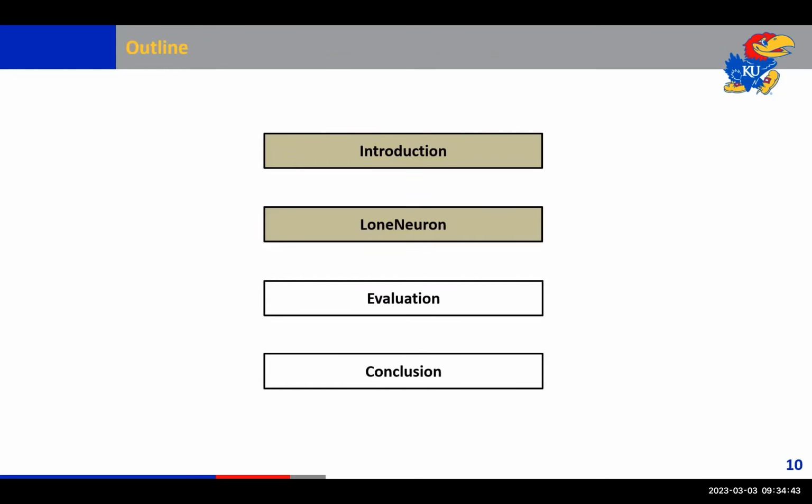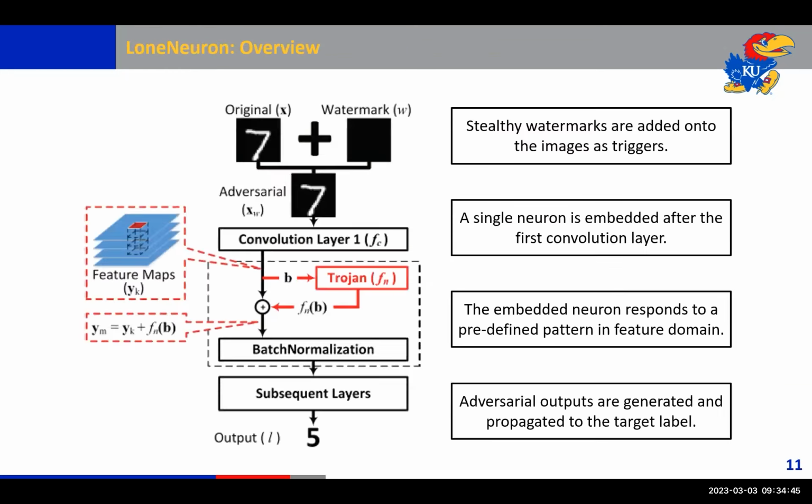So here comes our main attack design. Here is the attack pipeline of our work. We call our work LoneNeuron because it's a single neuron added inside the host model. After we embed stealthy triggers on the images, after convolution they are transformed into features.